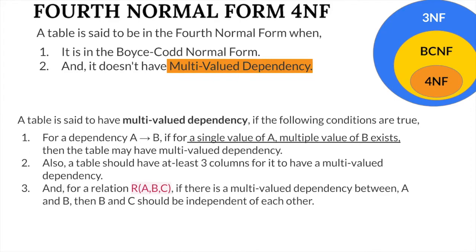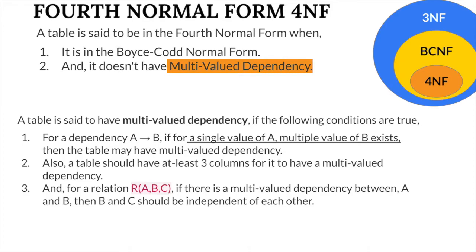and that particular functional dependency is multivalued dependency if for a single value of A, pwede kang magkaroon ng multiple values of B. Okay. Meron pang two other conditions, and yung conditions na yun ay dapat at least tatlo yung columns because we are relating 3 columns here.